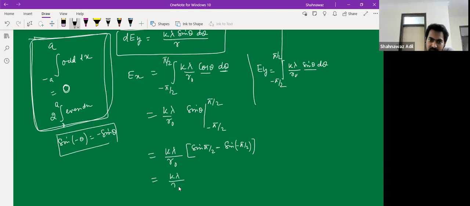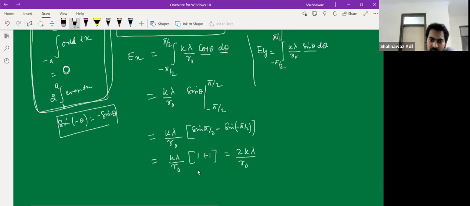And this is r naught. So did I miss anything? So this is 1 and plus 1, so this is 2k lambda by r naught, right? Understood, guys?